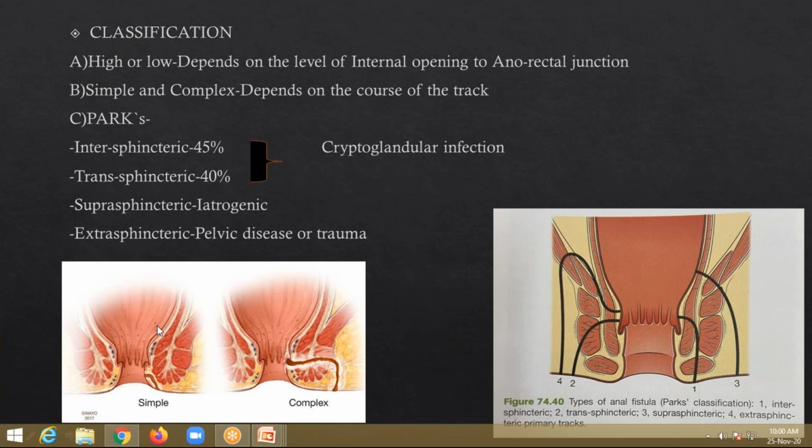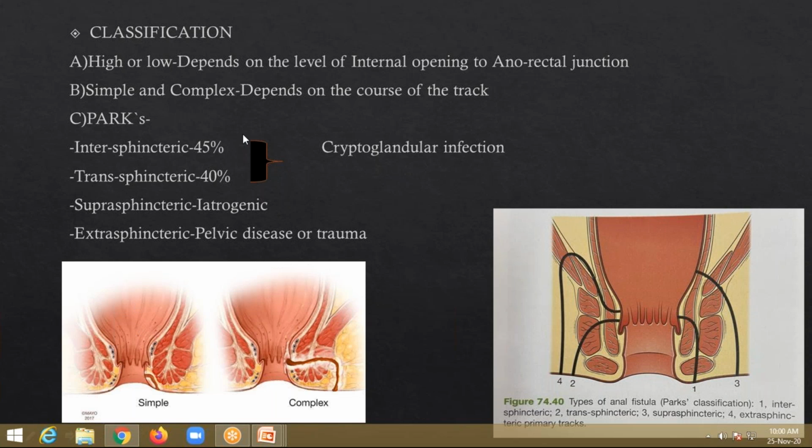That is termed as high fistula, or rectal fistula. When the internal opening, see here, is situated below the anorectal junction, it may be at the dentate line or below the dentate line, then it is termed as low anal fistula, low fistula in ano. So that is one type of simple classification.